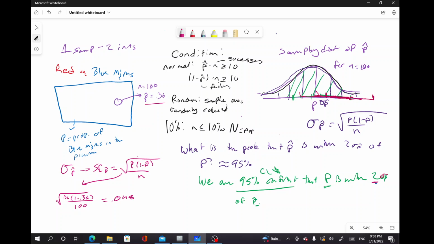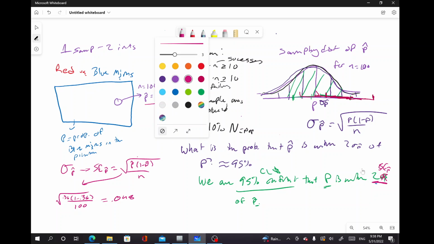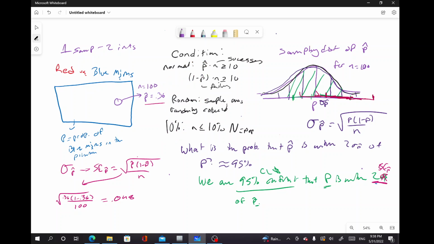Then we're looking at 2 standard deviations. We can cross this out to standard errors now, so we're looking for 2 of them. So we just want to multiply this by 2 to get 0.096, which we're now going to call our margin of error.